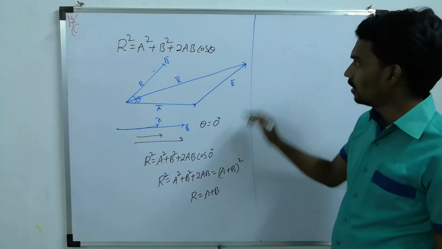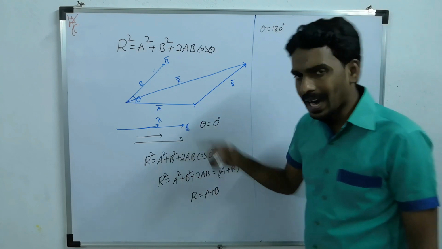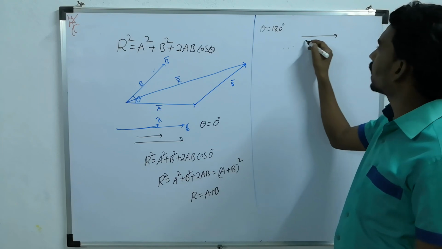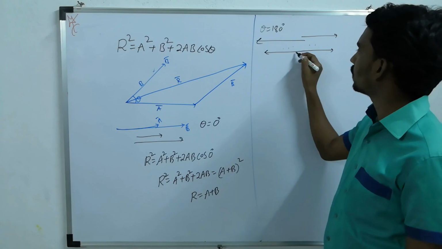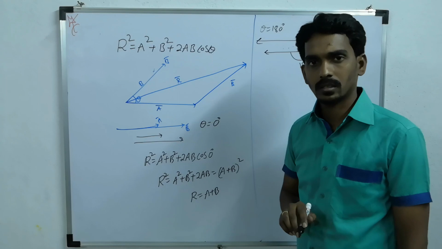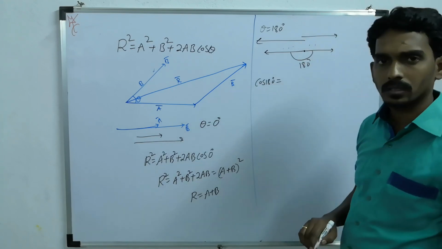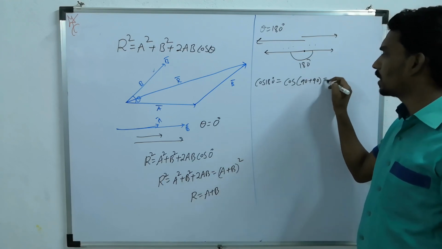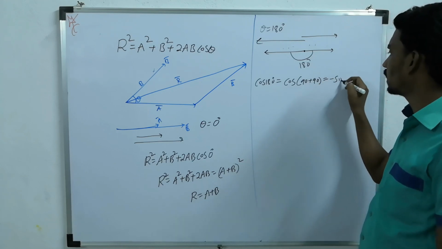Similarly, take theta 180. Earlier it was parallel, same direction. Now here it is anti-parallel, so one is this way, one is the opposite way. What is the angle between them? 180 degrees. When theta is 180, cos 180 is how much? We have studied this in basic mathematics. Cos of 90 plus theta is minus sin theta.